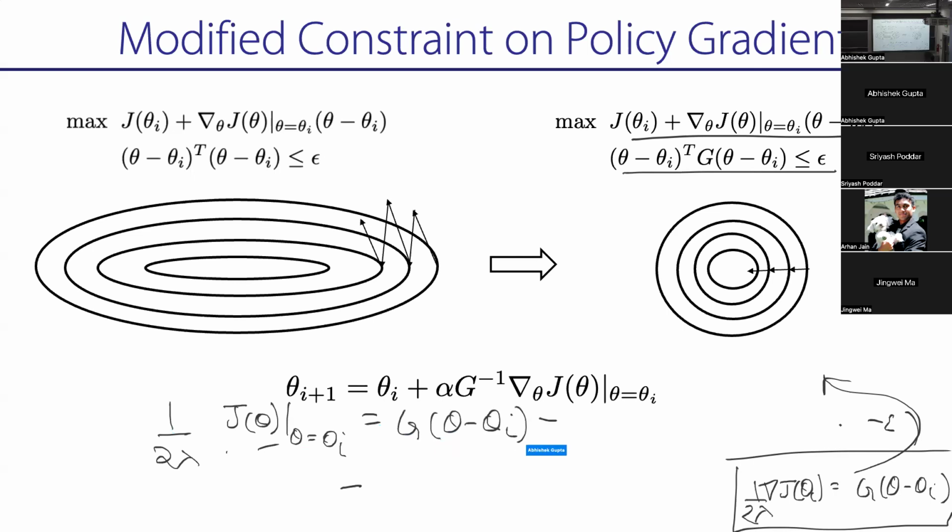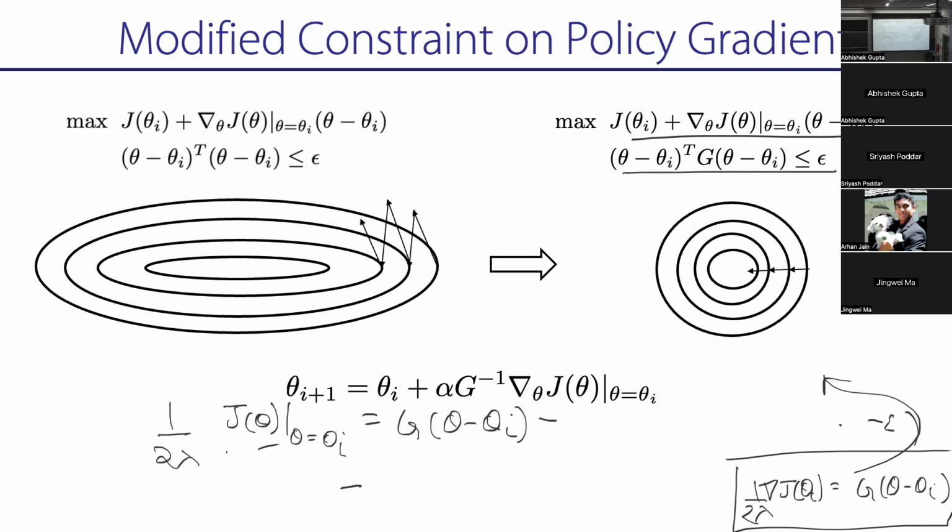Multiply both sides by G inverse. So you're going to get 1 over 2 lambda times G inverse grad J(theta_i) is equal to theta minus theta_i, hence your update. So it's going to be weighted by G inverse.